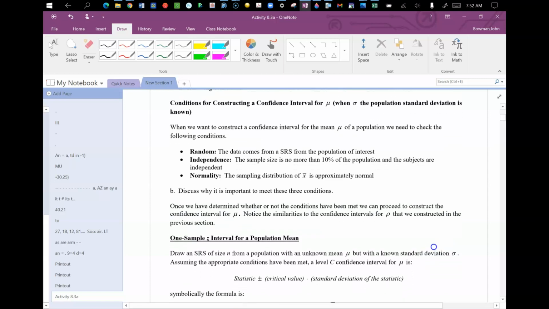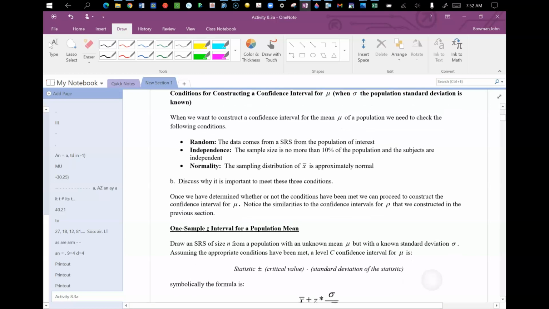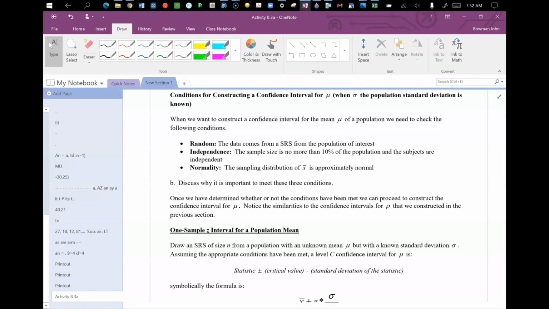The reason that we do that is because it's simpler to talk about the process of constructing the confidence interval, assuming we know the population standard deviation. But in the next activity, we'll talk about how we address the fact that we don't really know the population standard deviation.